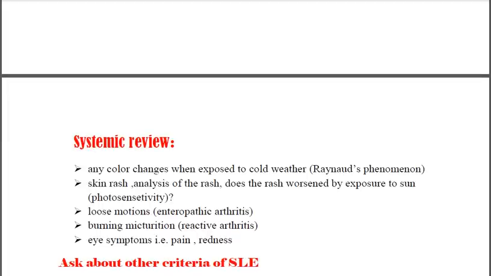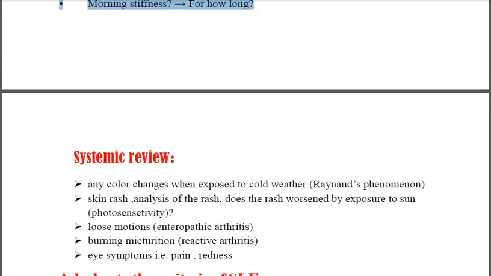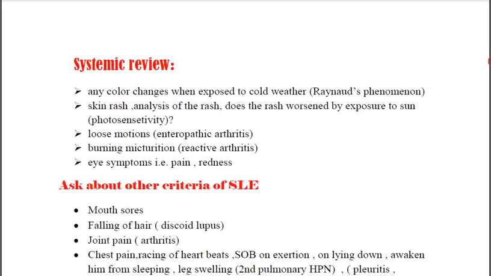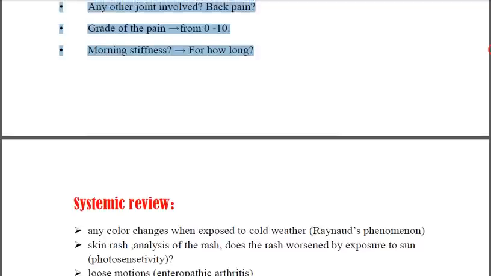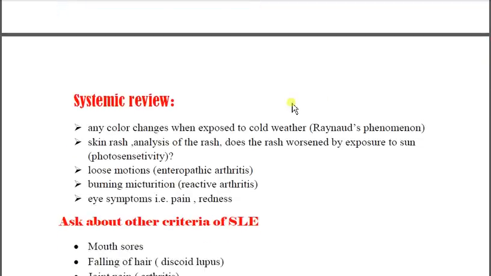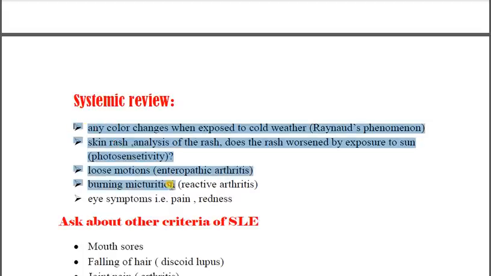Okay. Then in this case of polyarthropathy, we have to do differential diagnosis. What would be the differential diagnosis here? Any polyarthropathy can be due to psoriatic arthropathy, so we have to ask about any skin rash.